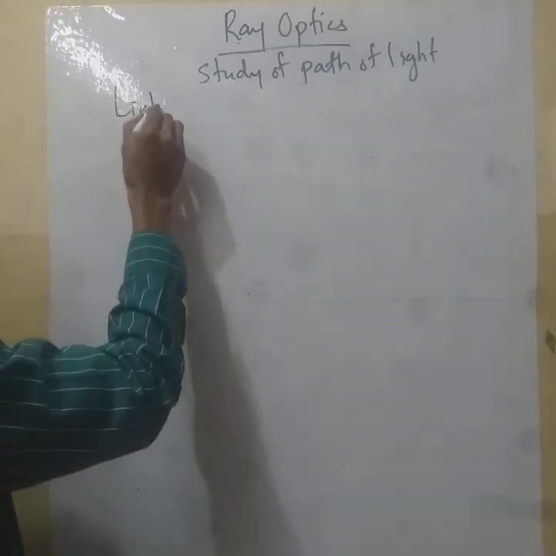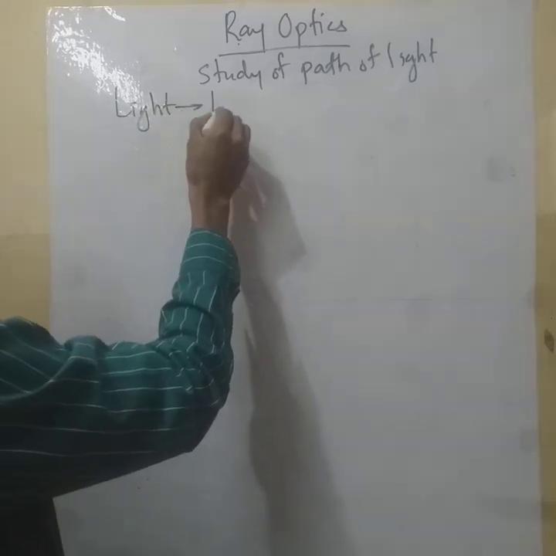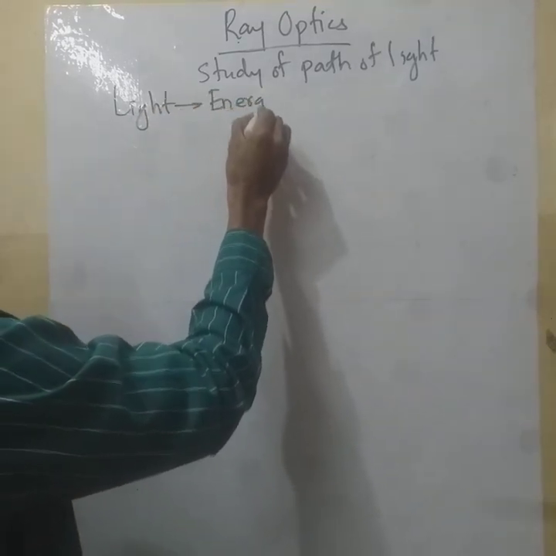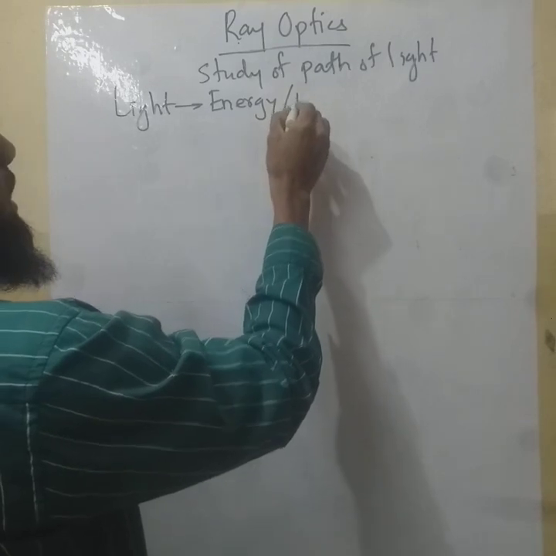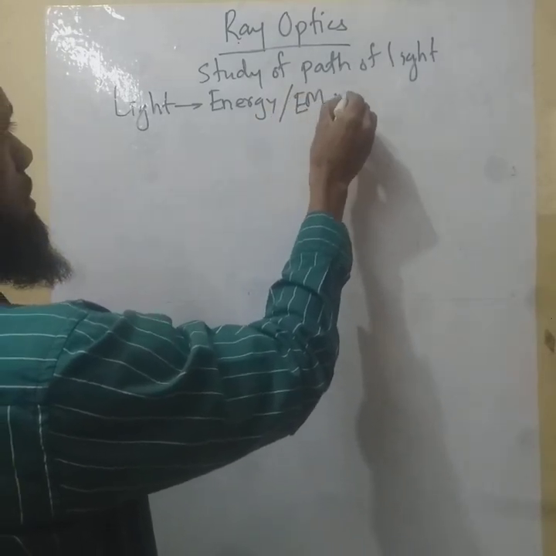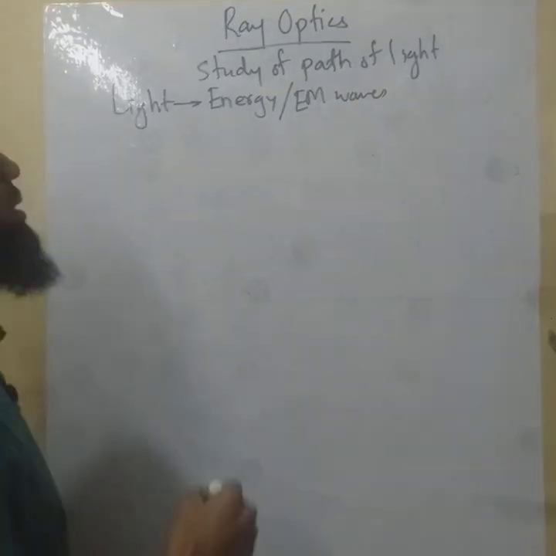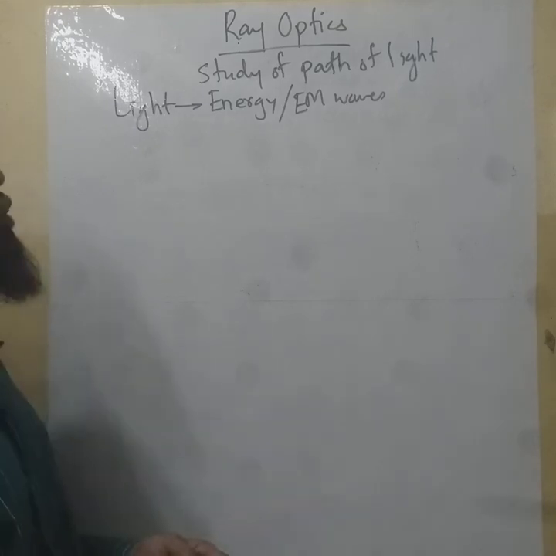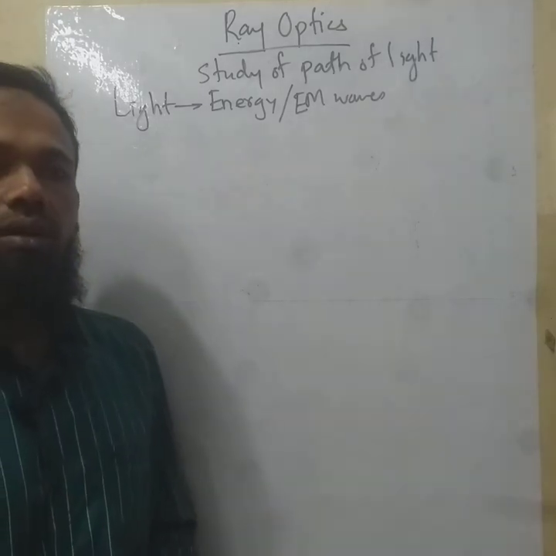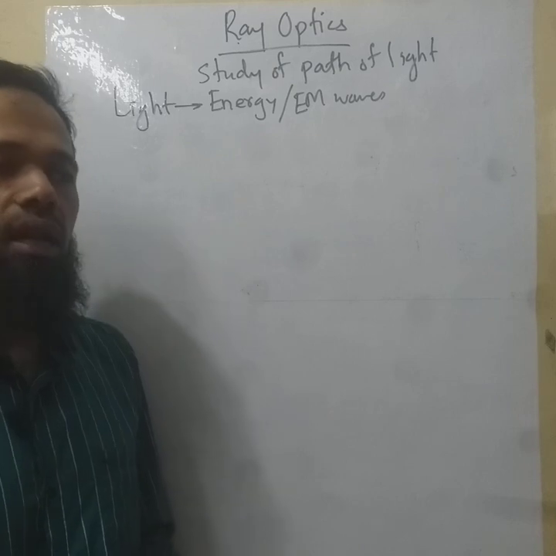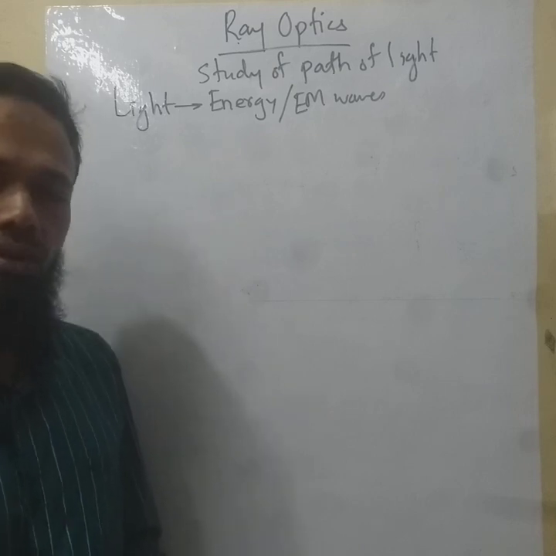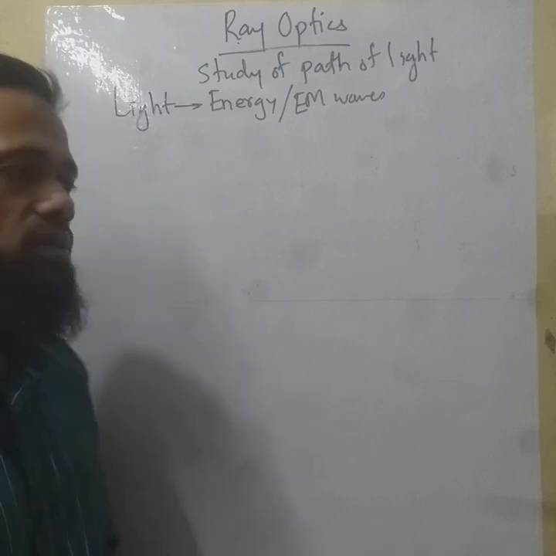Can we define light? Light is a form of energy, or it's an electromagnetic wave. Electromagnetic waves have different frequencies. They are arranged in a sequence that is called the electromagnetic spectrum.